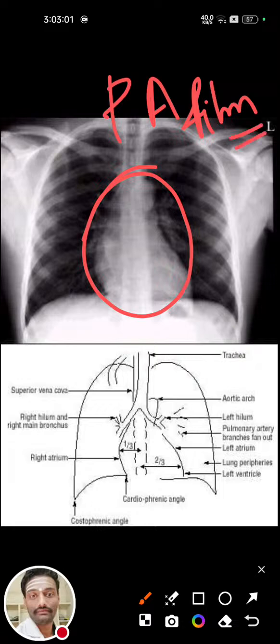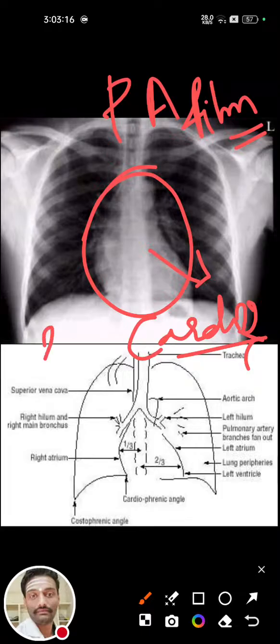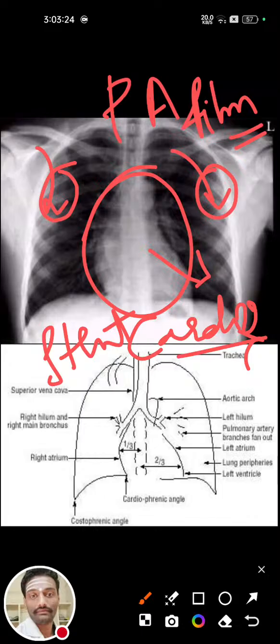Well smooth, well defined borders, normal mediastinal width. Are there any cardiomegaly cases? Is there any stent or any foreign body inserted? See any cavities in the thoracic region.